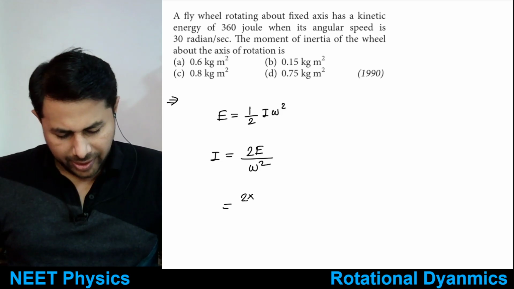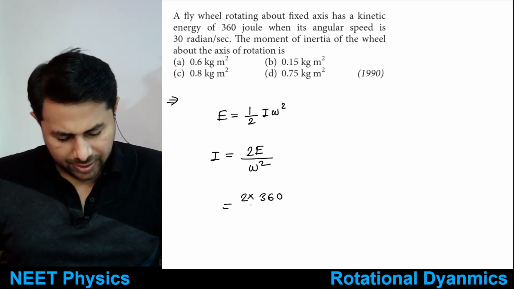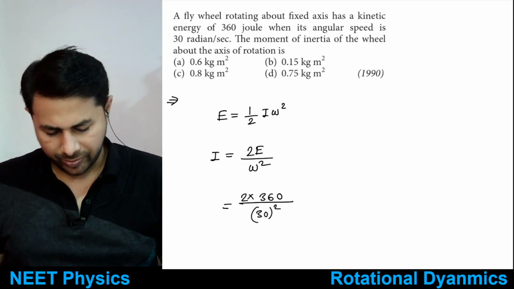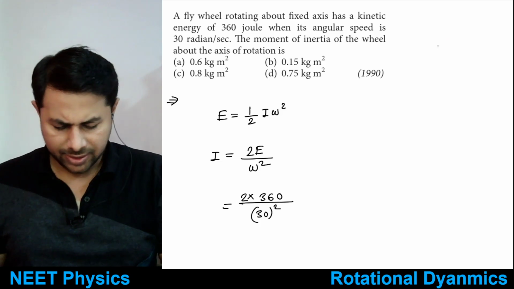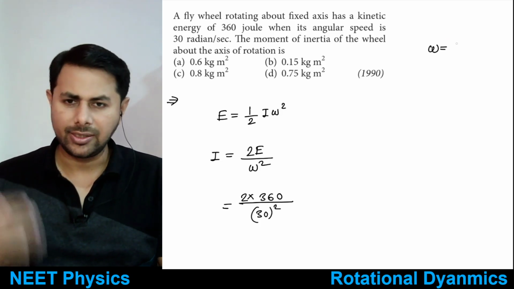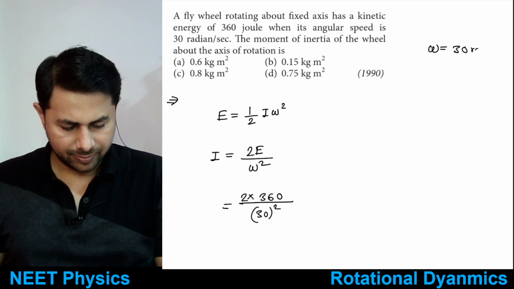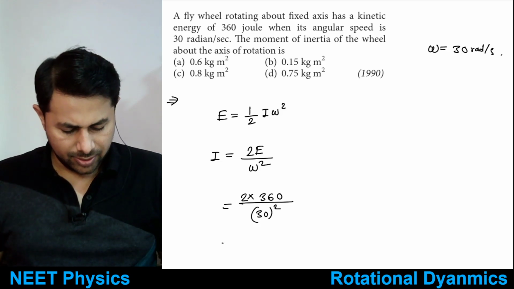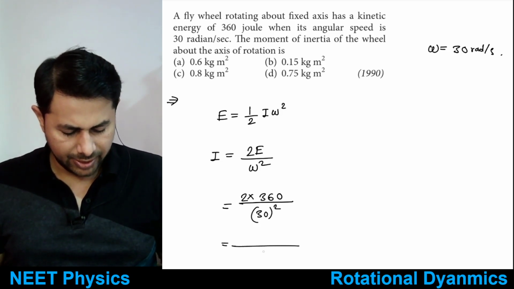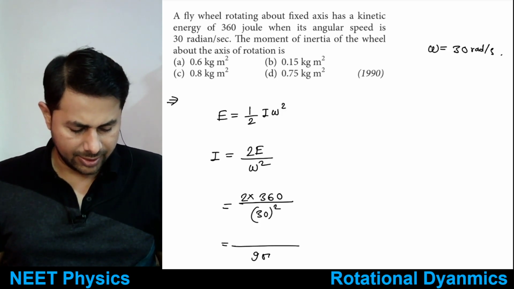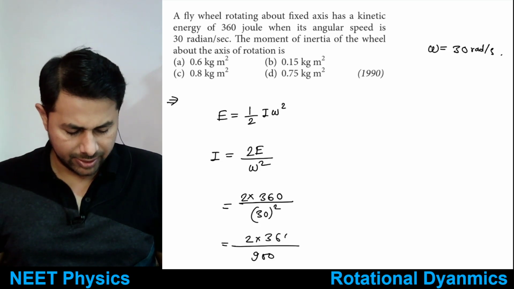2 times E. E is 360, and omega is 30, so 30 square. Is it in proper units? The unit of omega is radians per second, so yes. So it is 30 times 30, that's 900, and 2 times 360.